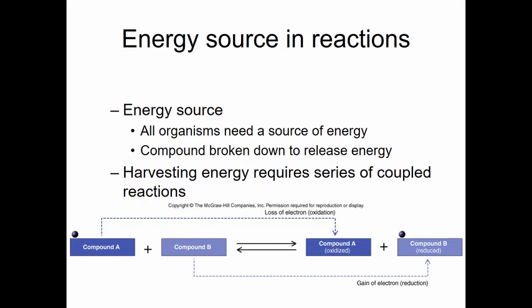That's it, okay? So in this case, compound A has the electron, and it's transferring the electron to compound B. So compound A loses the electron, it becomes oxidized. Compound B gains the electron, and it becomes reduced.